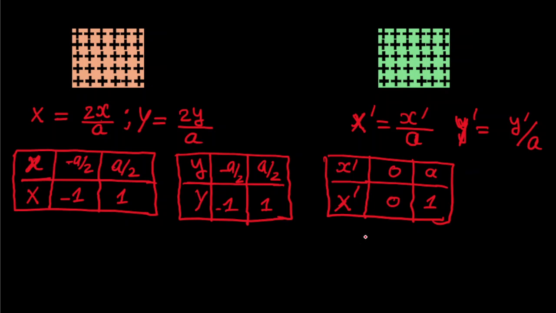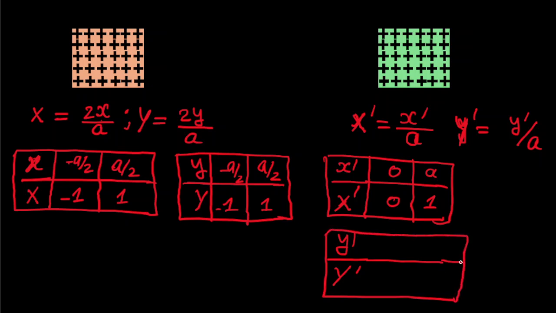And similarly for y prime, it's capital Y prime and small y prime. So when you put small y prime equal to 0, capital Y prime will also be 0.